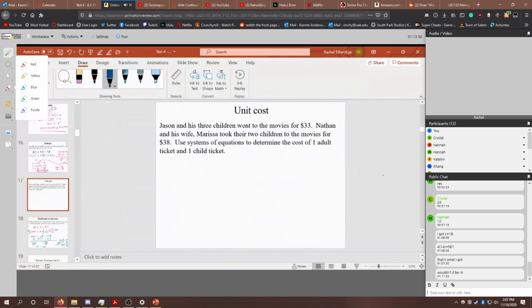Let me just give you Jason and his wife. Jason is an adult. Nathan and his wife are adults. So we want to determine the cost of one adult ticket and the cost of one child ticket.